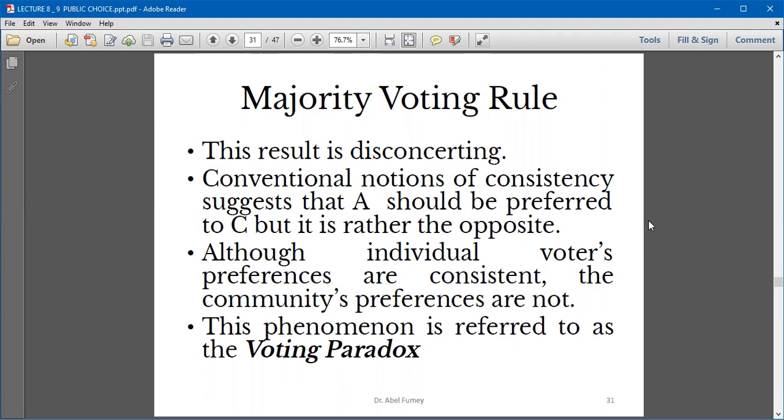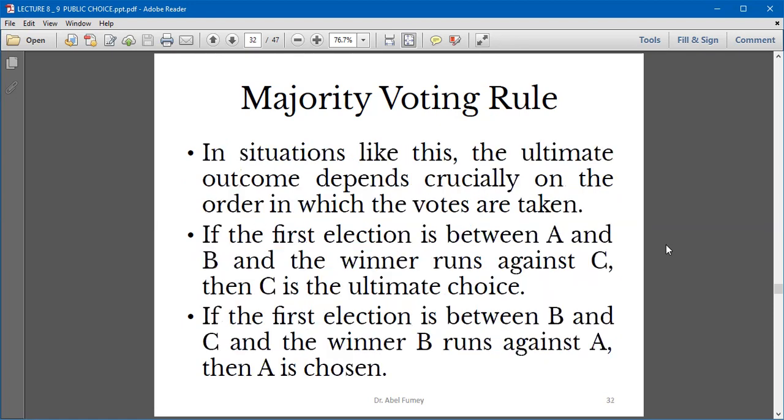But if you take the entire community, all the people engaged in the voting process, their preferences are not. So when individual voters have consistent preferences, but the entire community has inconsistent preferences, that's a phenomenon we call the voting paradox.